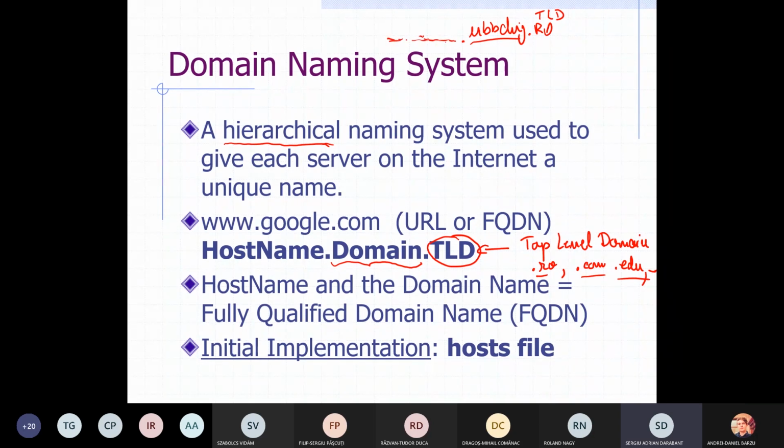We can invent machine names or subdomains. We can have hosts here directly, or we can have subdomains. We will see how they are linked together. But this part here is user managed.